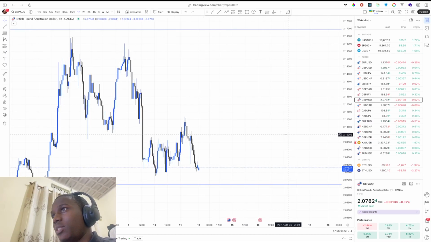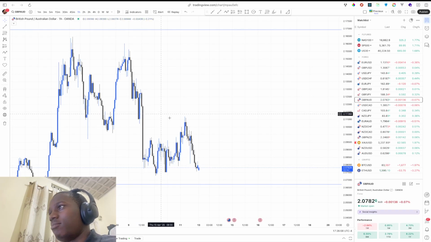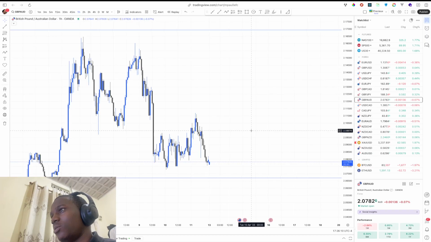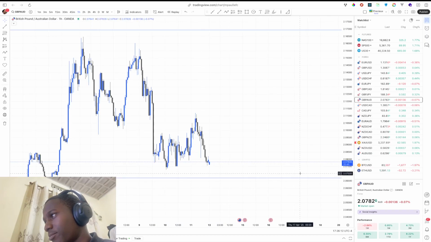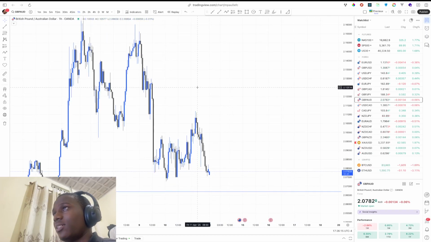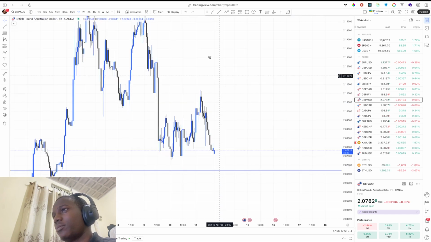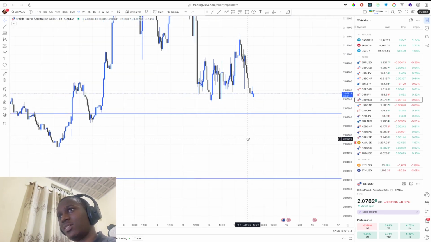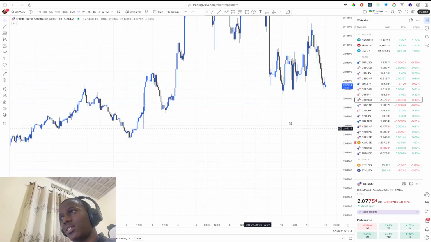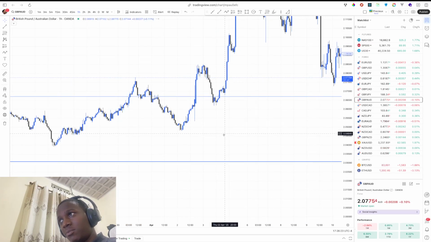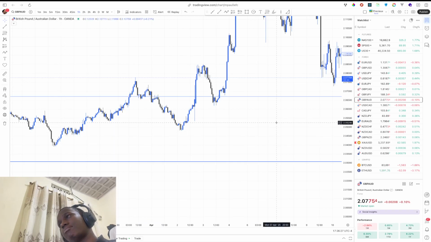Okay, so market reacted to a fair value gap. This is a really big fair value gap. Market respected it and is trying to go lower, as you can see. And as it goes lower, that will be our next target of liquidity. Might probably target these lows. Yes, this and this.